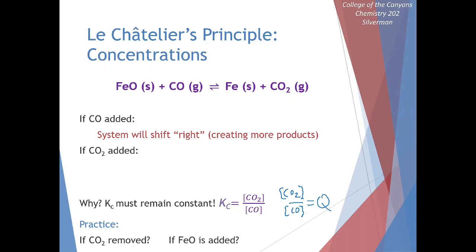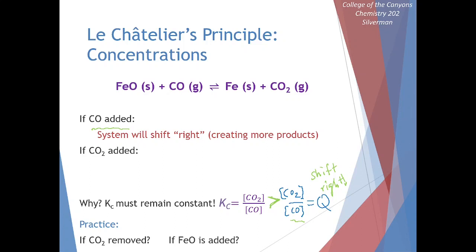Our reaction quotient will look like this, the same form as the equilibrium constant, but we don't have to have equilibrium concentrations for that Q. If we've added CO to the system, that will mean our CO is bigger than it was. Our value for Q is going to be smaller than our value for K. Remember what happens when we have a reaction quotient that's too small? Well, that means we're going to have to shift right in order to reach our equilibrium. We're going to have to do that forward reaction if our Q value is too small.